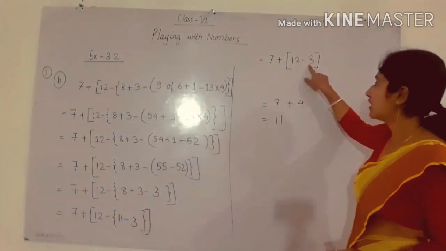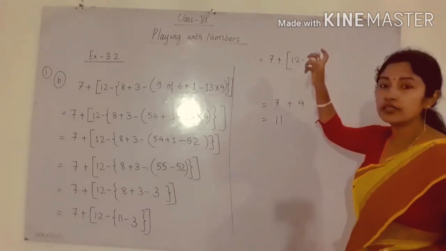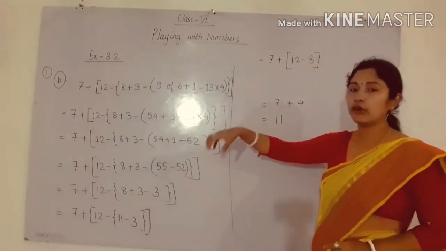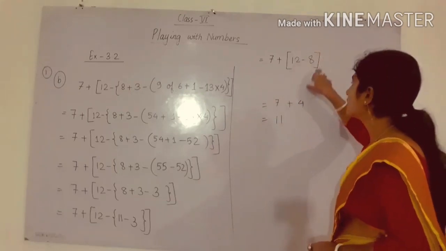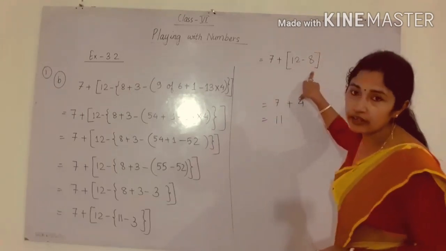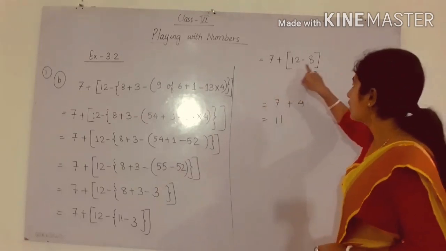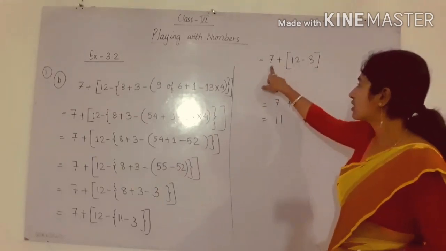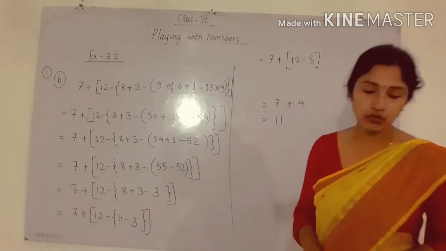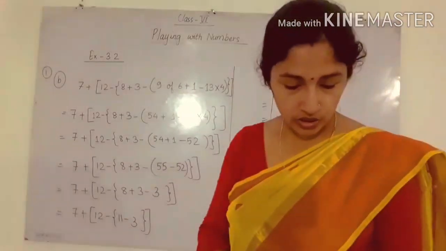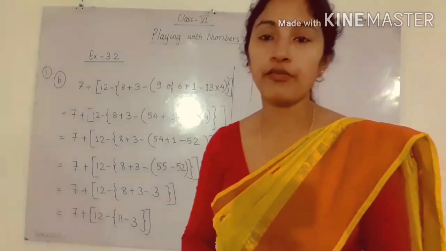So 12 minus 8; the curly bracket will go because we got the number 8. Next we have to solve the square bracket, that is the last bracket. 12 minus 8 is 4. Outside it was 7. So 7 plus 4 is 11. So the final answer is 11. Next question I am going to do is number F.